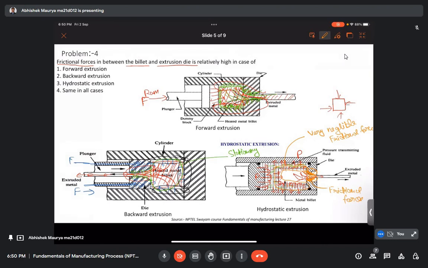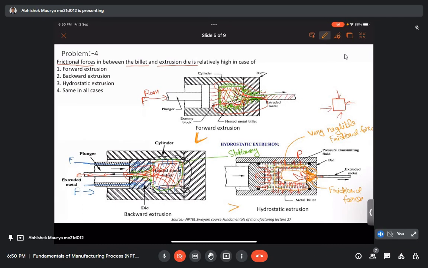Therefore, if you compare backward extrusion with hydrostatic extrusion, here the friction value will be lesser. Frictional forces will be lesser in the case of hydrostatic extrusion, and if you compare backward extrusion with forward extrusion, then frictional forces are higher in the case of forward extrusion.